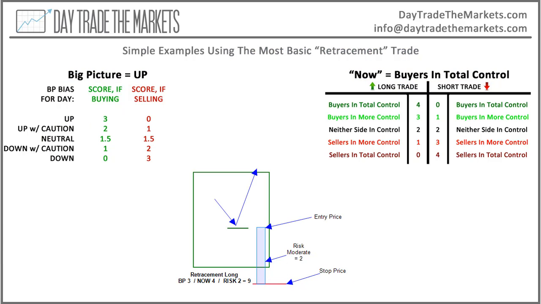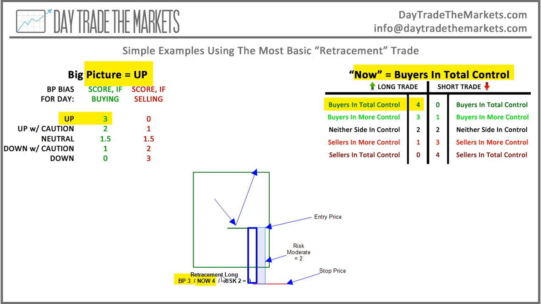Let's give another example, where same situation, the big picture bias is up, so we get 3 points toward a long, and our now is that the buyers are in total control, so we get 4 points for the now score. This is a situation where the context is so good, we could justify taking a little bit of extra risk on this trade because the score is so high.